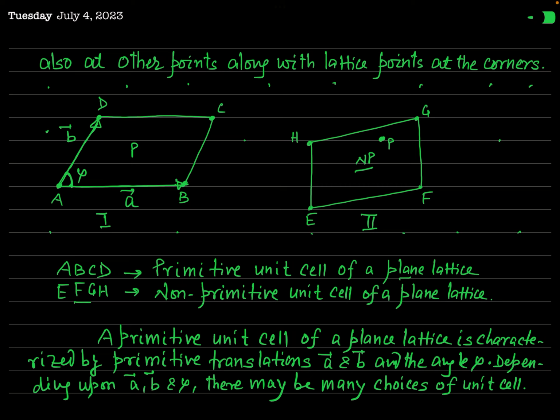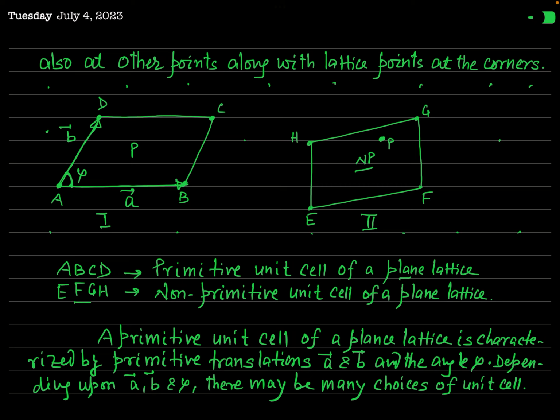Actually, this primitive unit cell for the plane lattice is characterized by these three quantities, that is A, B and phi, in which A and B represent the translation vectors and phi is the angle between these translation vectors.